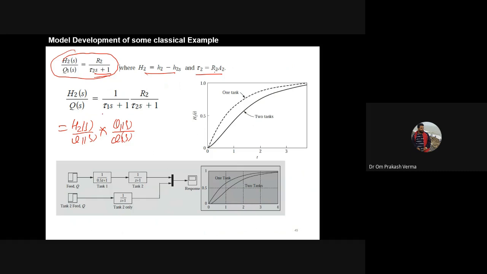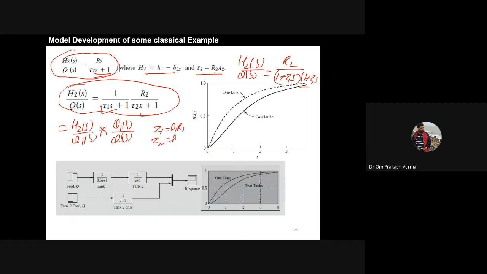After multiplying both, you get the second order differential equation, that is H2S upon QS is equal to R2 upon 1 plus tau 1 s into 1 plus tau 2 s, where tau 1 is equal to A1 R1 and tau 2 is equal to A2 R2.